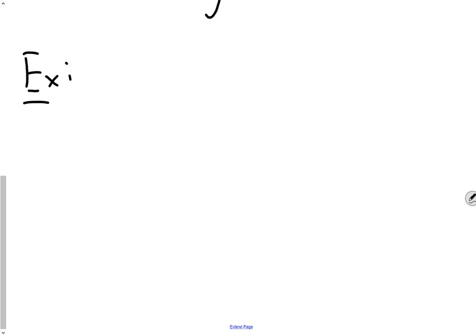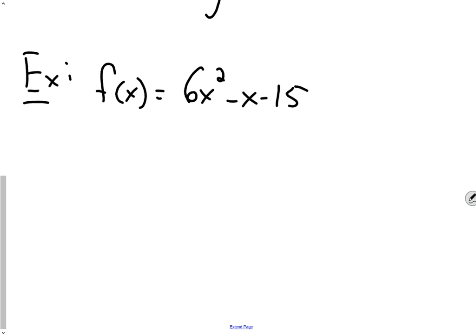Yeah, this is a fun one. F of x equals 6x squared minus x minus 15. Most people generally like quotient rule better because after doing product rule for a day, you remember how to do derivatives a lot easier, so it goes by a lot quicker.